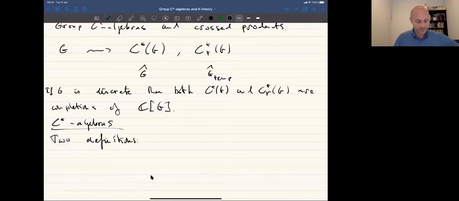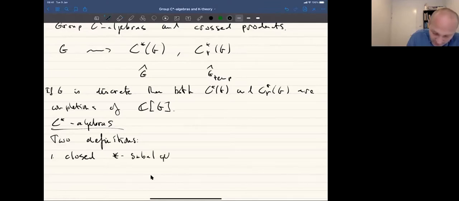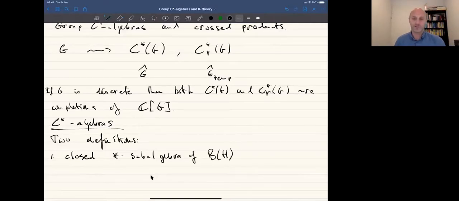So the first is that a C-star algebra is a closed star subalgebra of the bounded operators on some Hilbert space. So H denotes a Hilbert space.